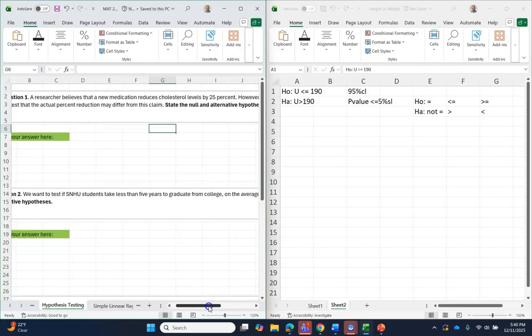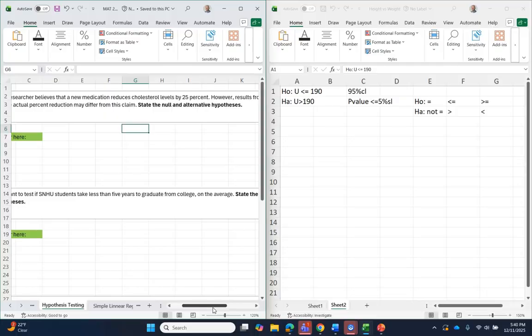Now, the new study suggests that this can differ from the claim. The outcome can give us a different outcome, and that outcome can be less than 25, or can be more than 25. And so, can you please decide what kind of hypothesis we are going to create?